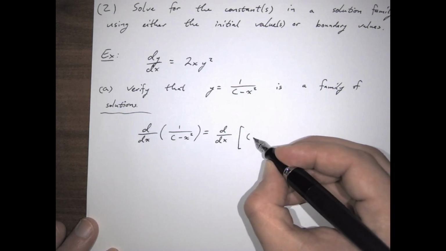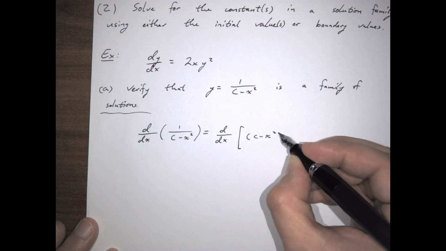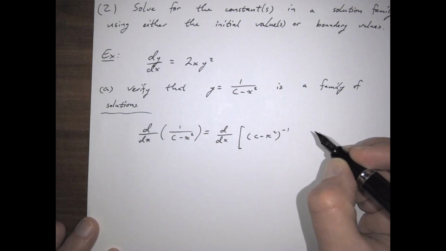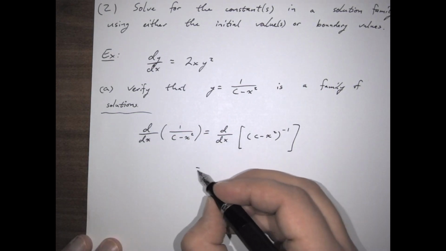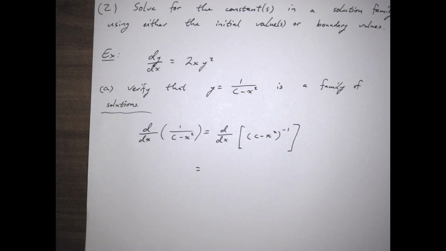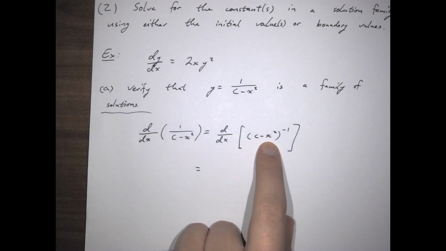The easiest way of dealing with this problem is to rewrite it as a negative exponent so that we can use the chain rule. Remember that c here is a constant. That's why it's written as a c. So c is the constant that parameterizes this family of differential equations. So the only variable in play here is the x.